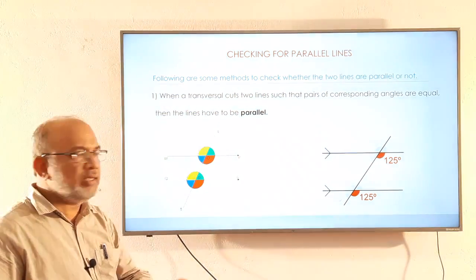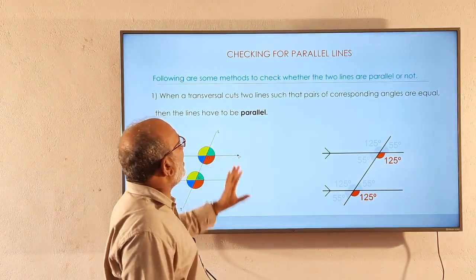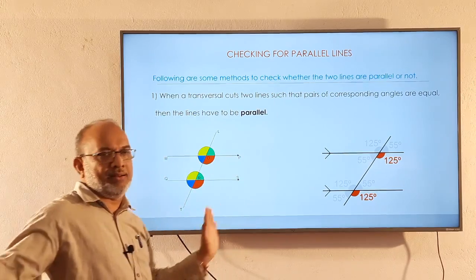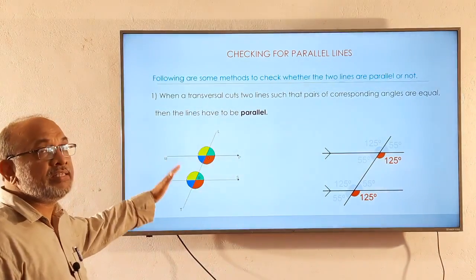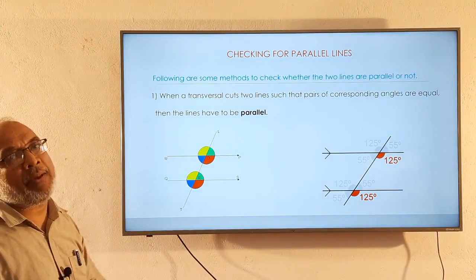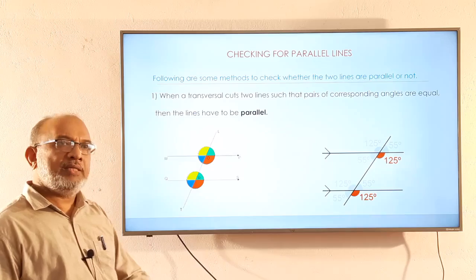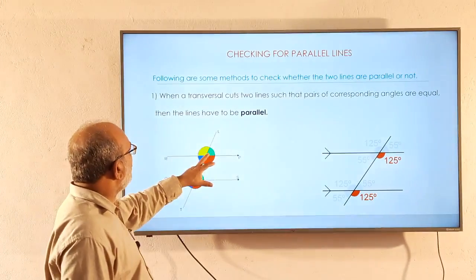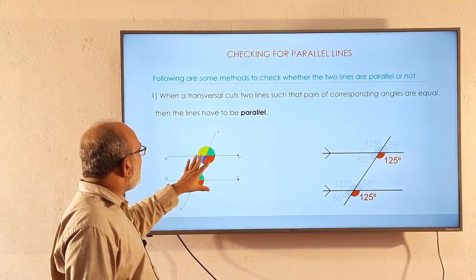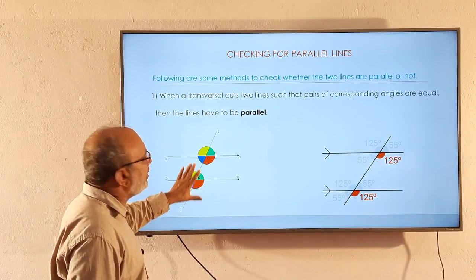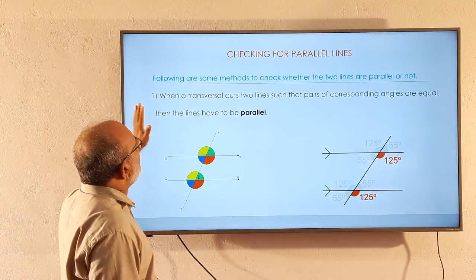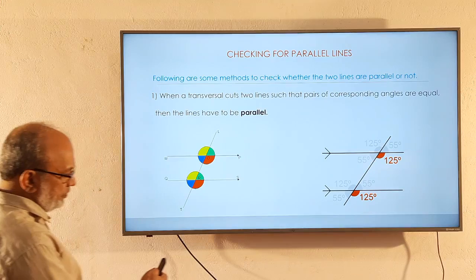Quite naturally, these two lines will be parallel. This is how we check whether two lines are parallel or not. You know, parallel lines never meet, and to check it, you check this. If the corresponding angles are equal, then they are parallel lines, right?